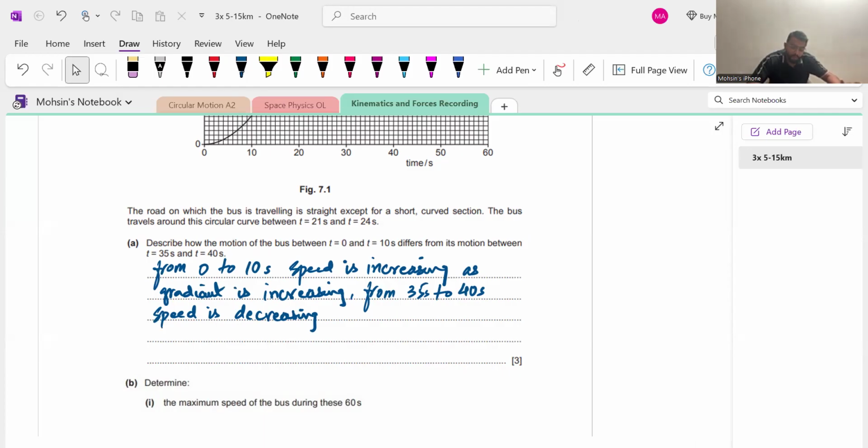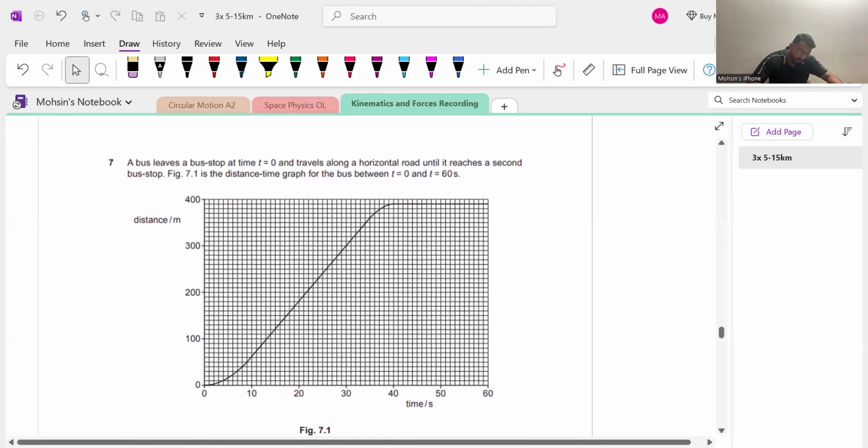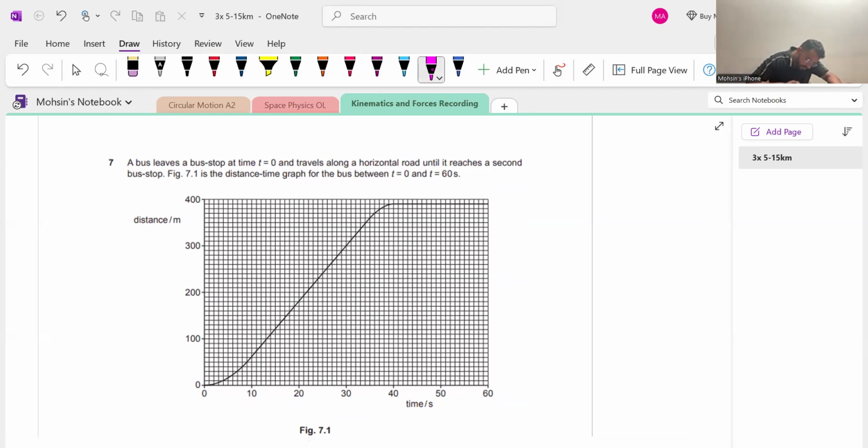And the problem is, what about the third mark? So we have to look into the graph to tell something more about the motion. We can write here that it is starting from rest and then speed increases, or we can write that when it decelerates, when the speed decreases, it comes to rest at 40 second because at 40 second the speed is zero.